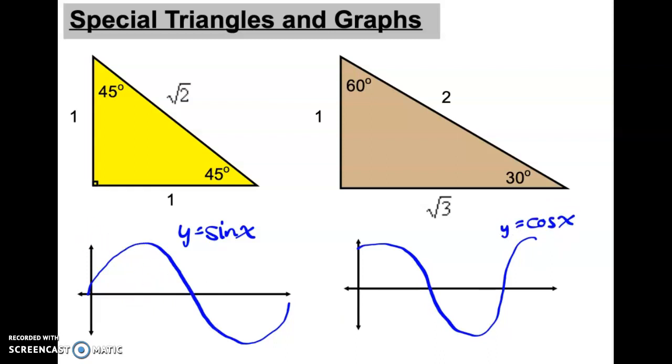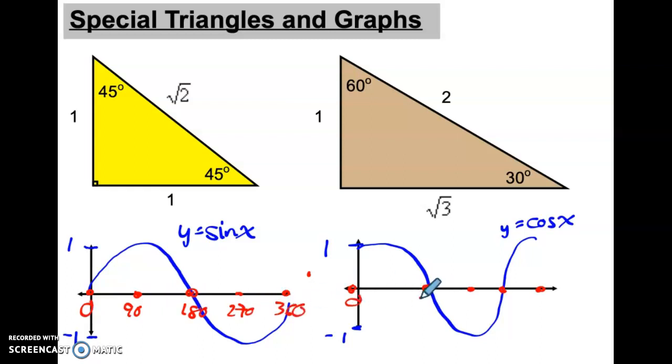Both the graphs have the same max and min values. The max value is 1, the min value is -1. And they have the same critical points along the x-axis. Critical points occur every 90 degrees. So they start at 0, then 90, then 180, then 270, then 360.